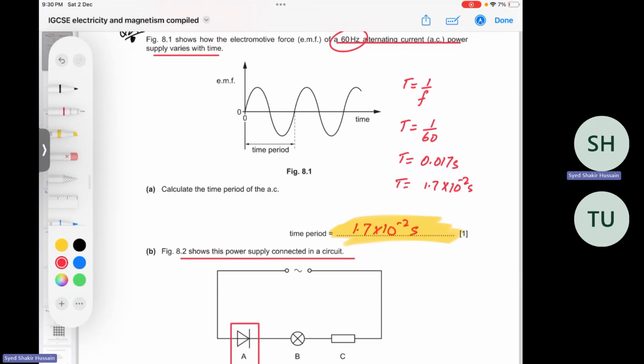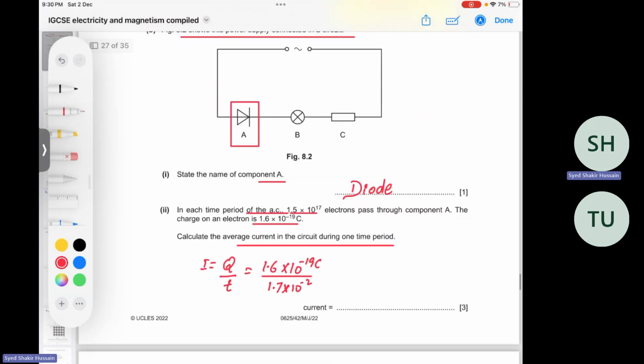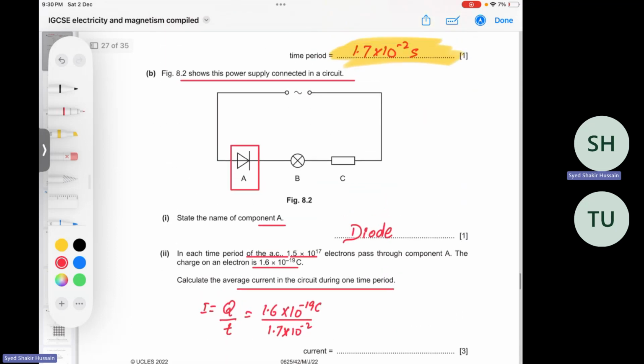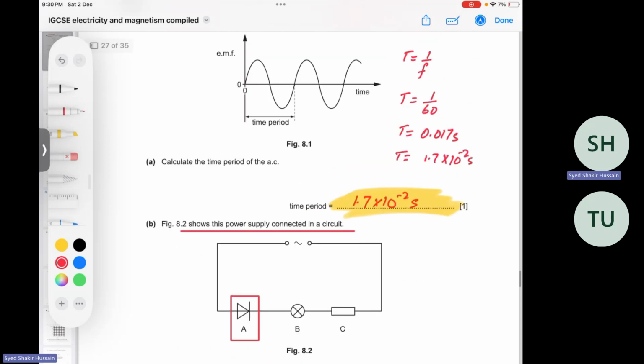We just found it here. The diagram shows electromotive force of 60 hertz. So electromotive force is basically resulting in current, right? And current is basically the alternating current. And what's the time period of the alternating current? This is it.